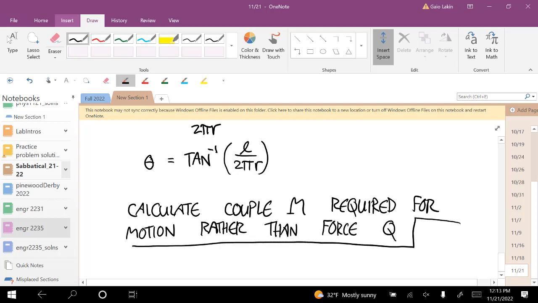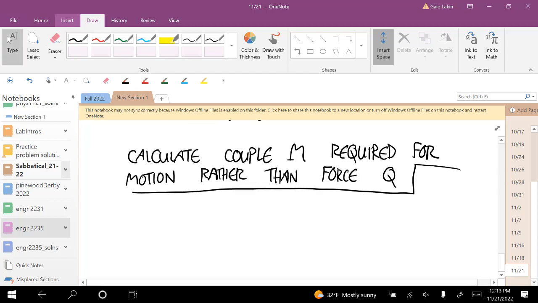I mentioned before that force Q that's required to push the screw up the external thread would be like a force that you actually were applying to the outer edge of the thread. It's not a physical thing at all.